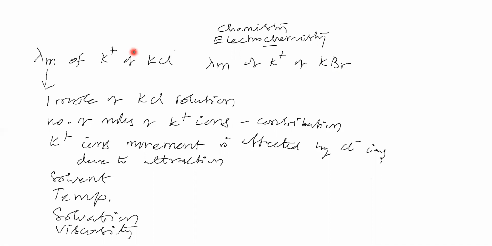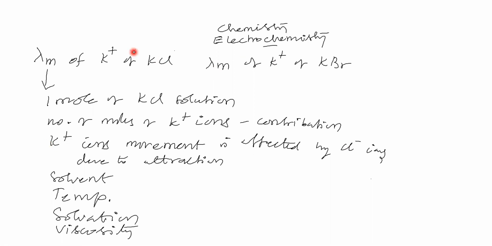K plus ions are moving and carrying current, and that contribution is called the molar conductivity of K plus. In this case, Cl minus ions are attracting K plus ions. Due to attraction, K plus ion movement decreases, and current carrying ability also decreases.